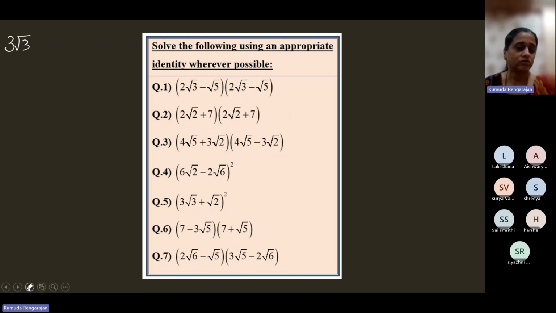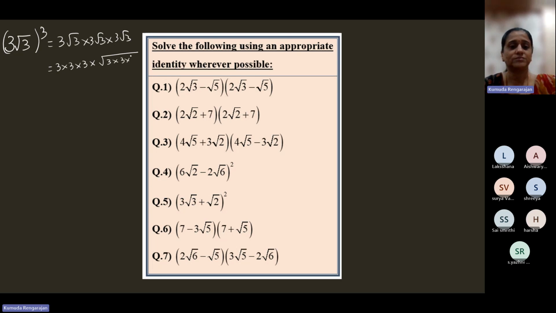Okay. So 3 root 3, the whole cube is equal to 3 root 3 into 3 root 3 into 3 root 3. Now this is 3 into 3 into 3 into square root of 3 into 3 into 3.